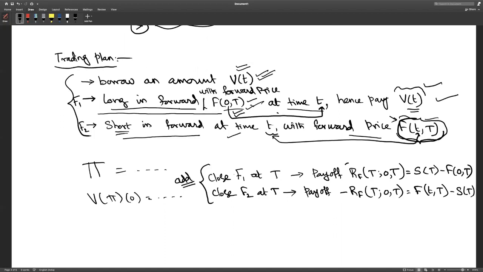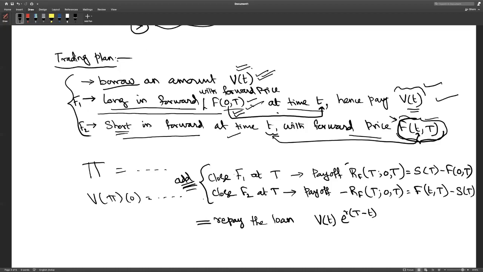Then you go to pay the borrowed money. Therefore, you have to remove that V(T), that is, what you initially got. So repay the loan. How much do you have to pay? You got this much, and it was continuously compounding with rate R. Therefore, you have to pay this money. So this minus this is what you finally get.